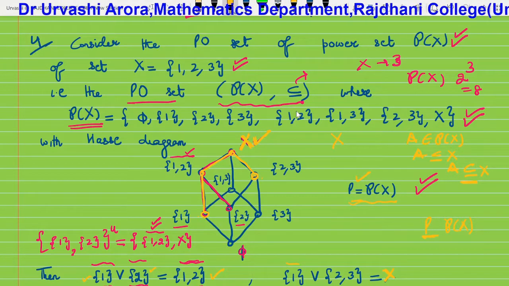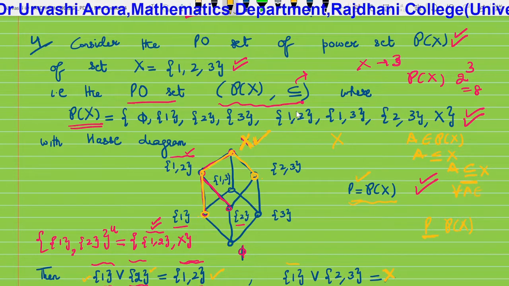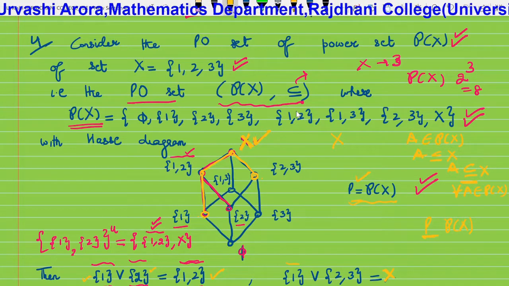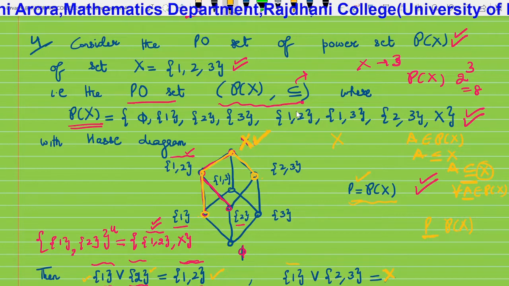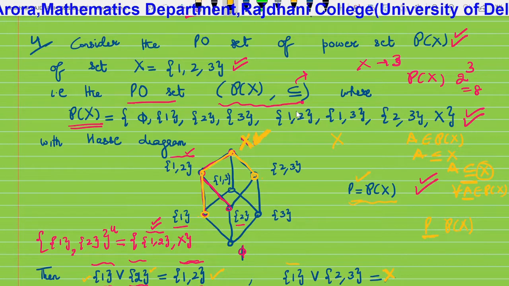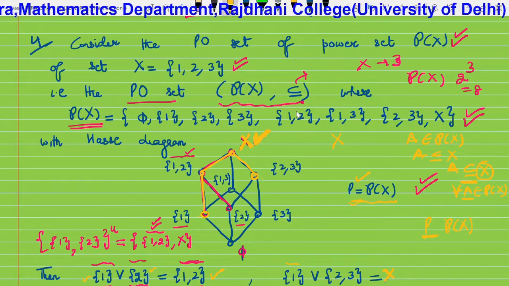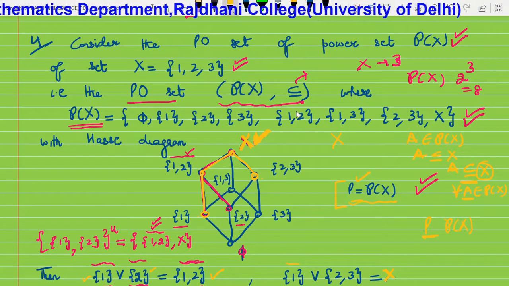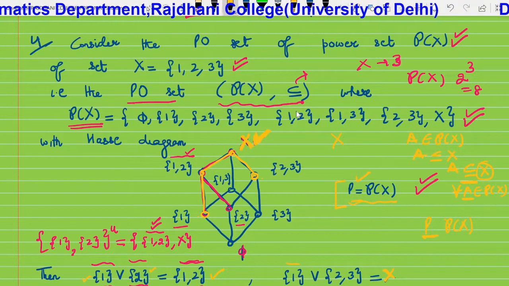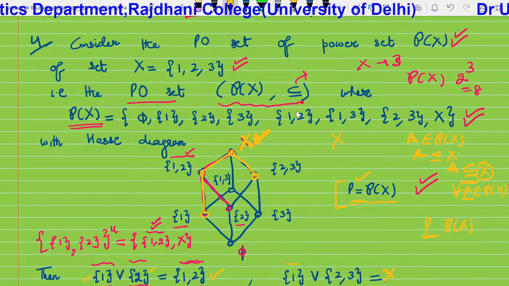This happens for all A belonging to the power set of X, so every A is at a lower level than X. So X is an upper bound of the whole set P, and because it is the only upper bound we have for P, it is the least upper bound, or the join of P. So the join of P is capital X.